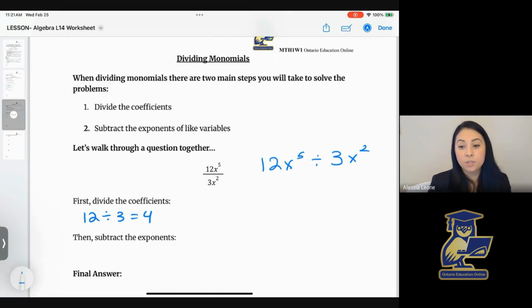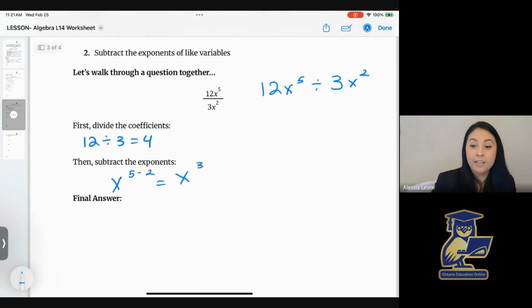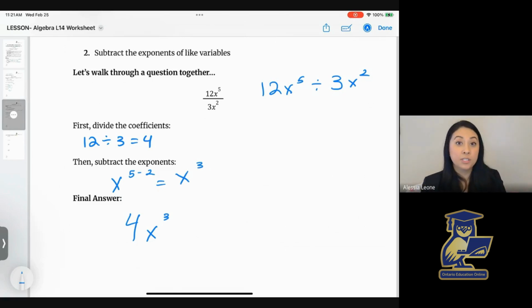Now we know with our exponent laws, because it's division, we are going to subtract our exponents. 5 take away 2. That leaves us with 3. So our final answer, if we put all of that information together, is 4x to the power of 3. And there you go. We just divided two monomials.